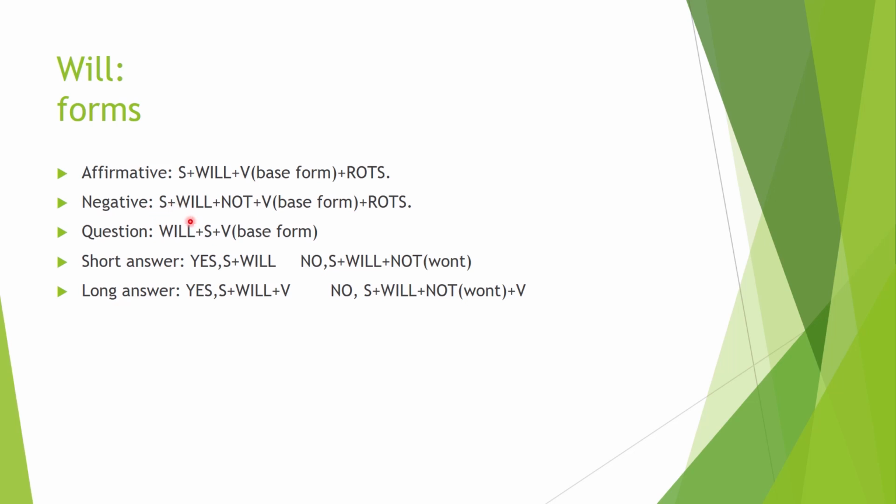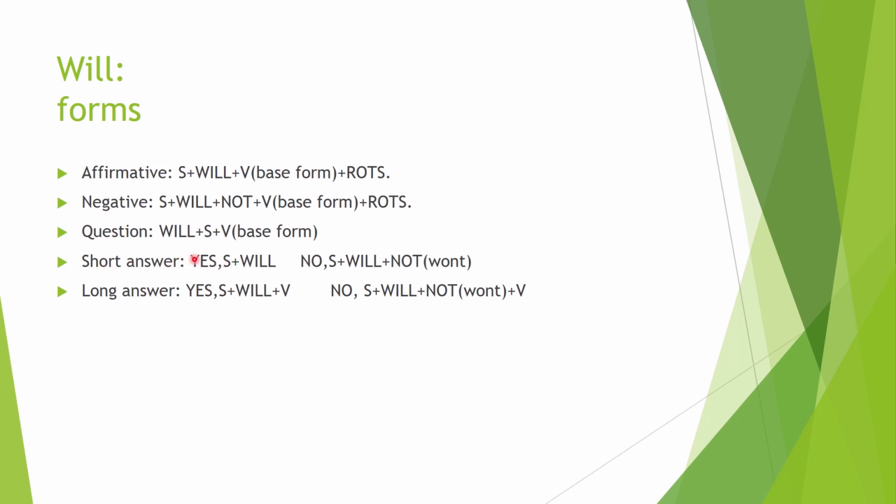Here we can also use won't. The short form of will not is what? Won't. So instead of will not, we can use won't. For the question, we bring will to the start, then the subject and then the base form of the verb. At the end, you have to add a question mark.